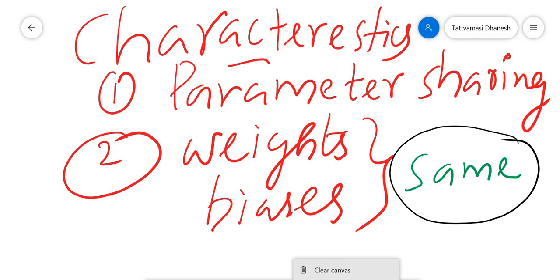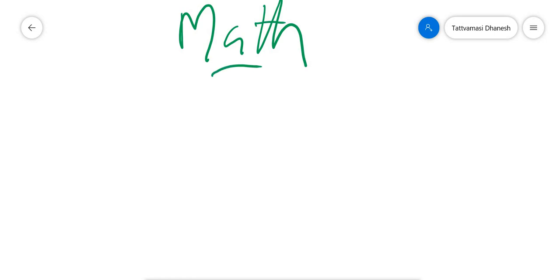Now we are going to discuss the math behind a recurrent neural network. Before getting into the math, I need to tell you that a perceptron, or neural network, does two operations. First, it calculates the weighted sum.